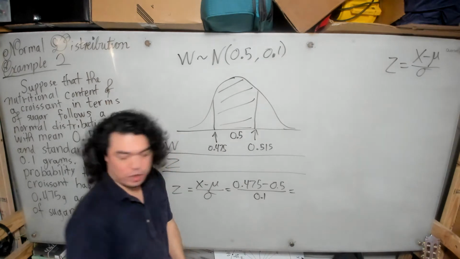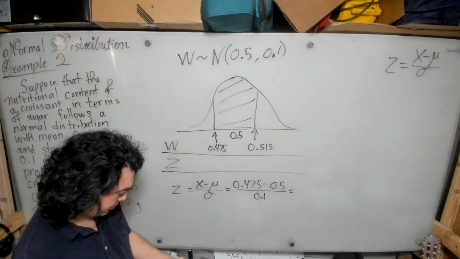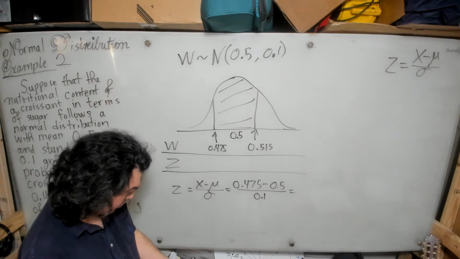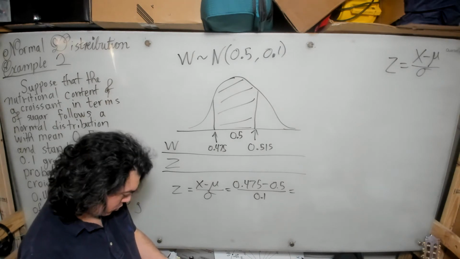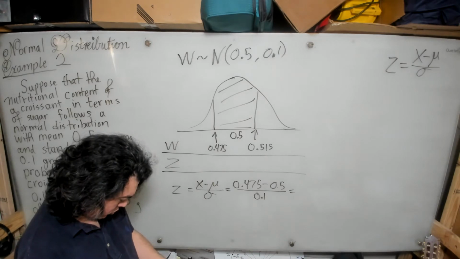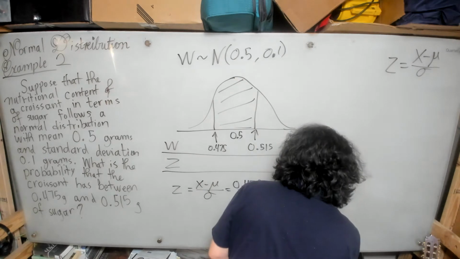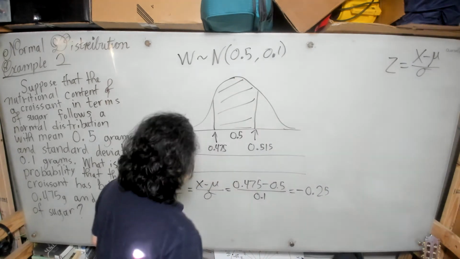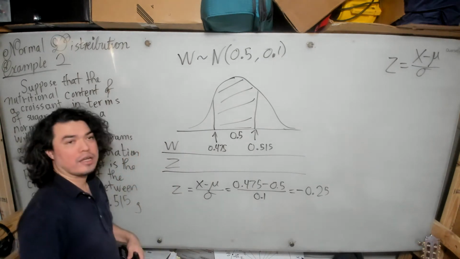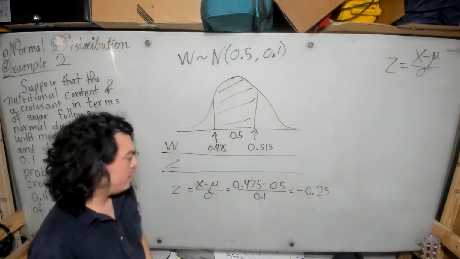Now here I'm going to avail myself of technology. I'm going to use a calculator to calculate this z-score. And we get negative 0.25. Okay? And then I'm going to calculate the z-score for 0.515. Right?